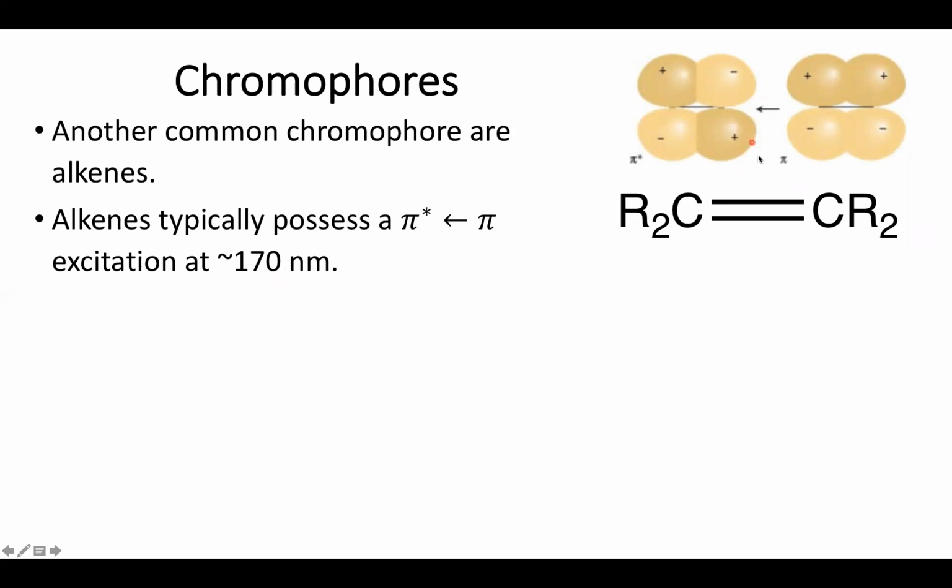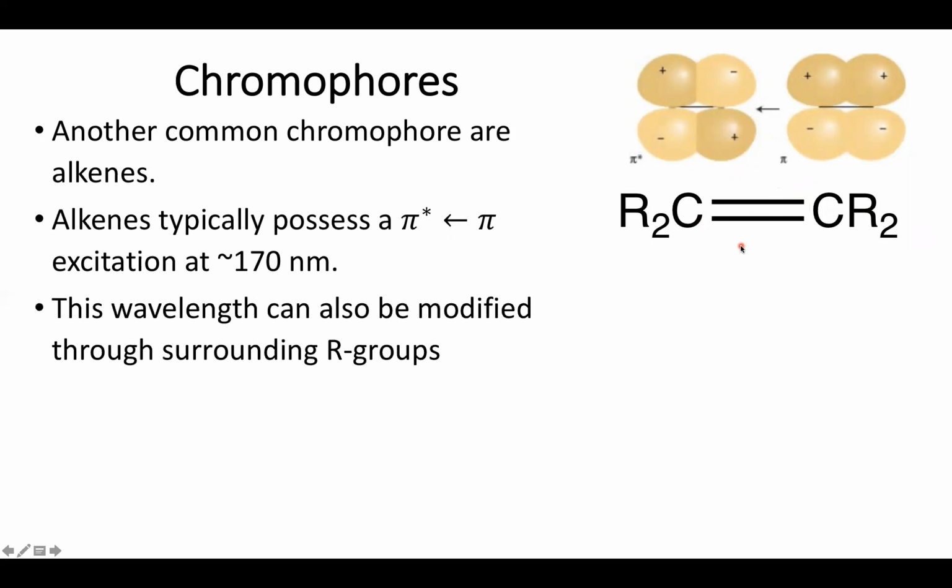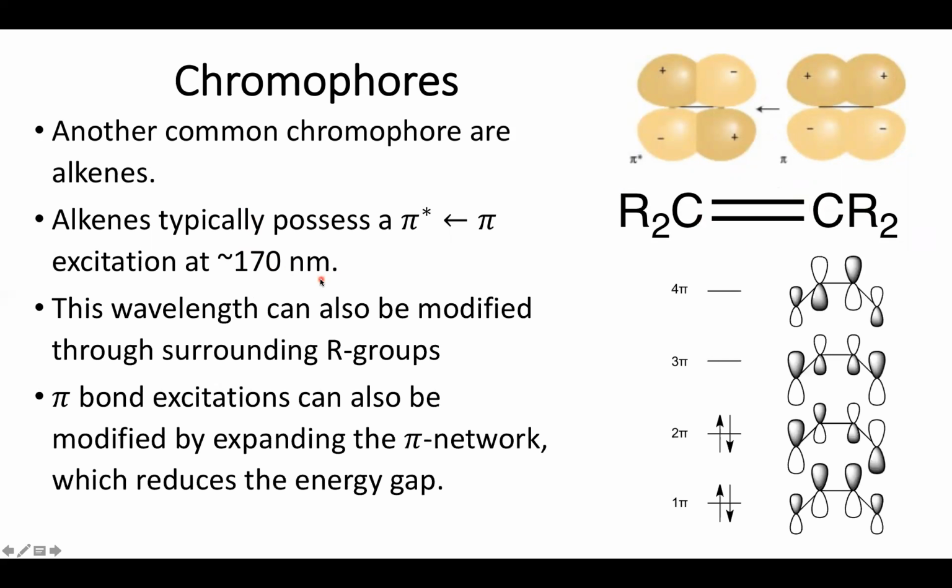However, it's also a little easier to see how this can be modified by R groups, as I can try and stretch out this orbital to lower the energy of this transition, bringing it into the visible light spectra. However, the classic way of modifying this orbital gap is our good old friend conjugation.